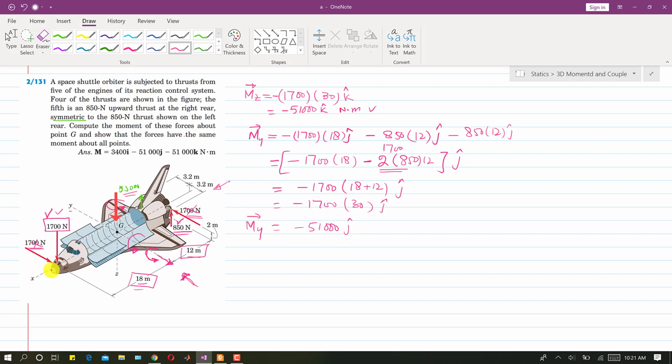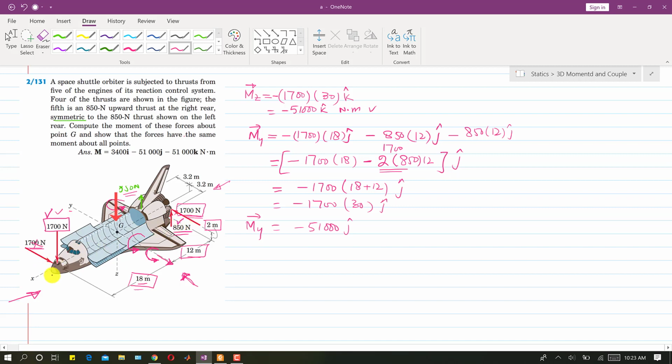And now if we look into this arbiter from this direction, then this 1700 Newton force has some perpendicular distance from this x-axis. Since this 1700 Newton force has 2 meter distance from the x-axis, it will produce the moment about the x-axis. And what will be the direction of that moment?